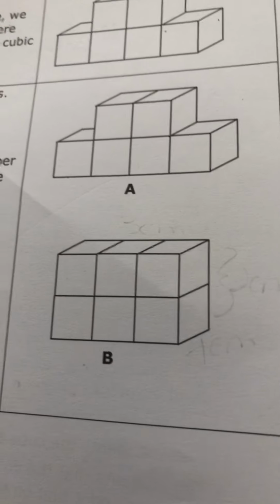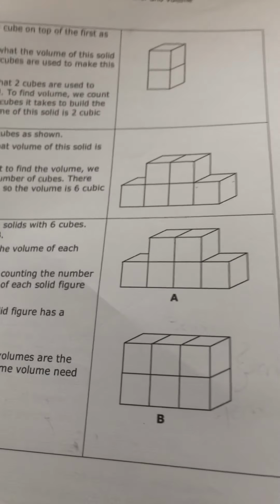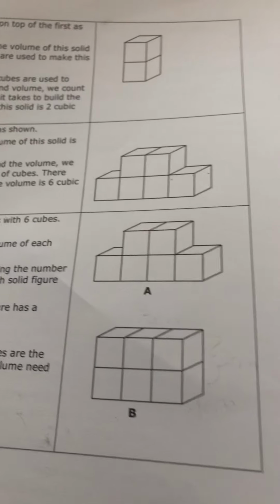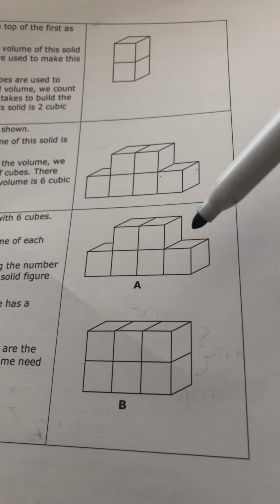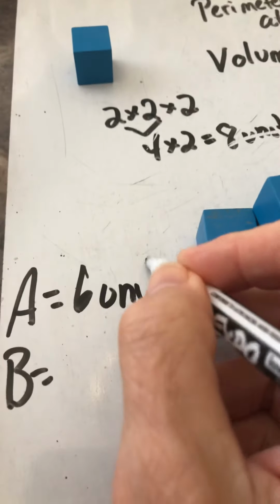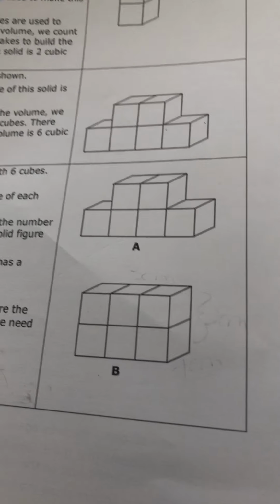Okay? Let's look in my book. Of course, you can't look in your book right now. I'm looking at mine. So let's do A and B, and I'll write that on my board and go back to it. What would the volume be for figure A? Hopefully, you remembered it looked like this one. So it's 6 units cubed. What would the volume be for figure B? 1, 2, 3, 4, 5.